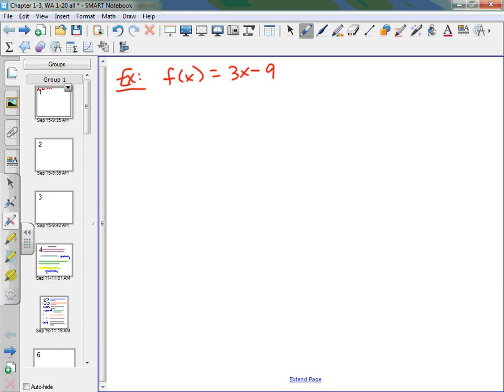X is an element of the reals. Why? Because it's rule number 1. It's in the numerator. Because I don't have a fraction. Since I don't have a fraction, that means it's in the numerator automatically. Yes? Okay.